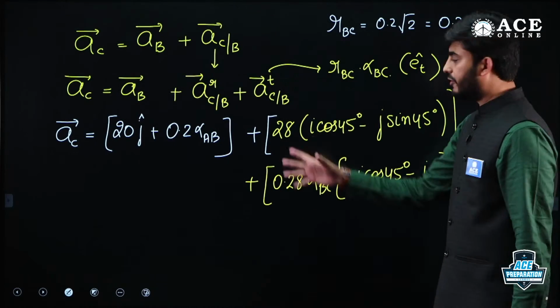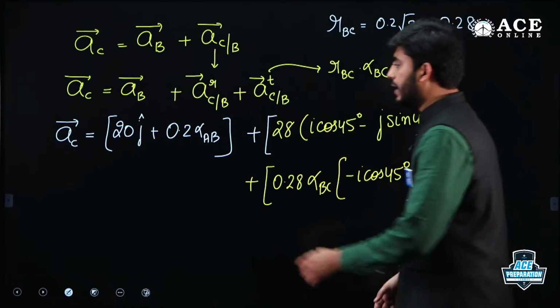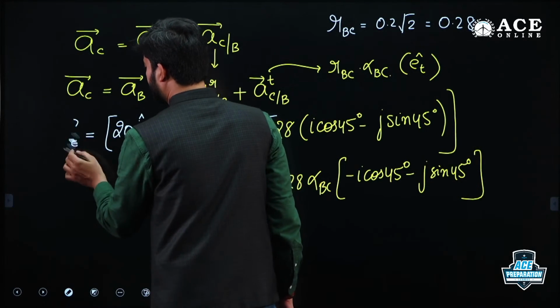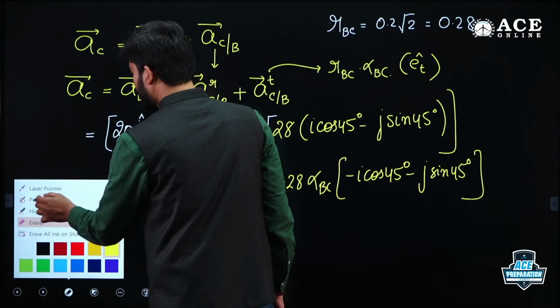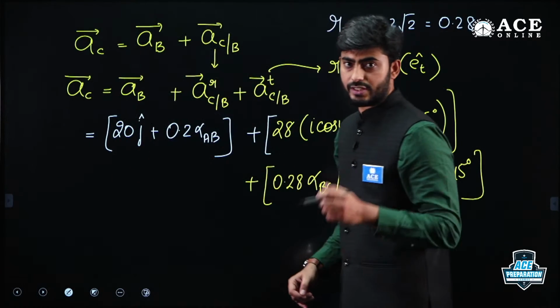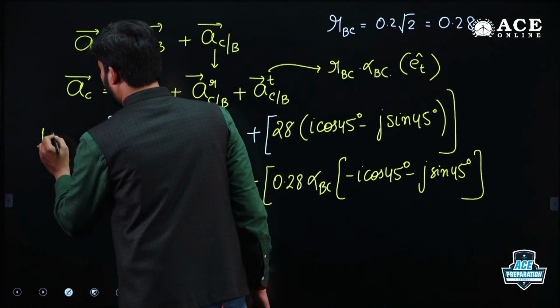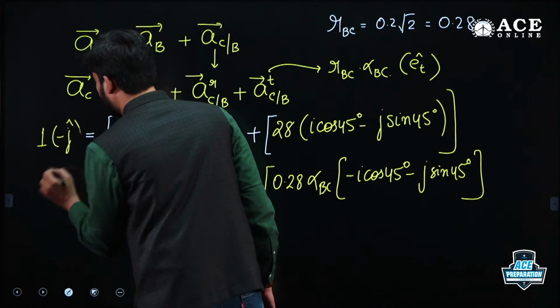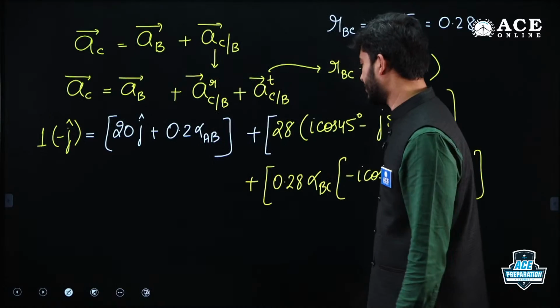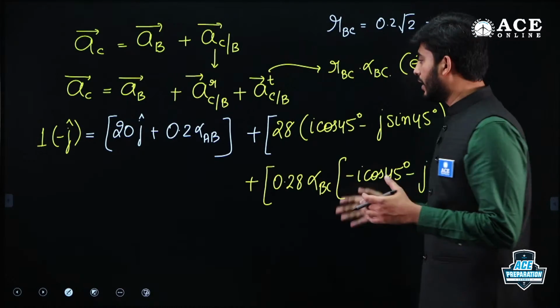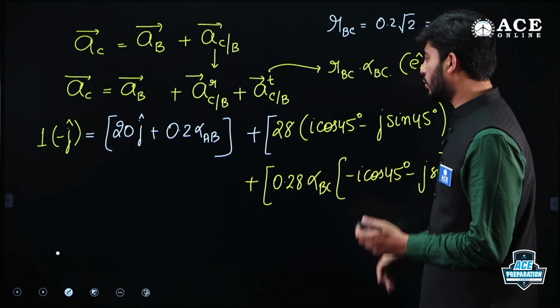Okay, now the vector summation is being done. In this part of the equation, in place of acceleration of C you can write it as 1 meter per second square in the minus j direction, or negative y axis, right. So here we need to only rearrange the i coefficients and j coefficients.